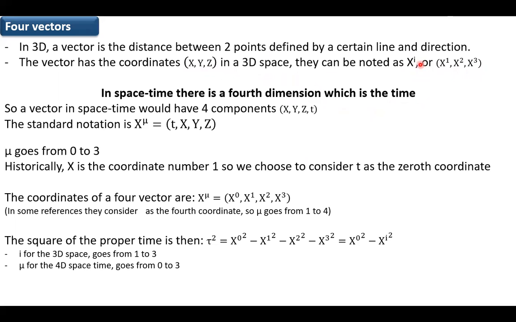So instead of writing x, y, and z, we will make it as x^1, x^2, x^3. And here 1, 2, and 3 are indices, so don't confuse it with a power. So x^2 is x number 2, x index 2, not x squared.